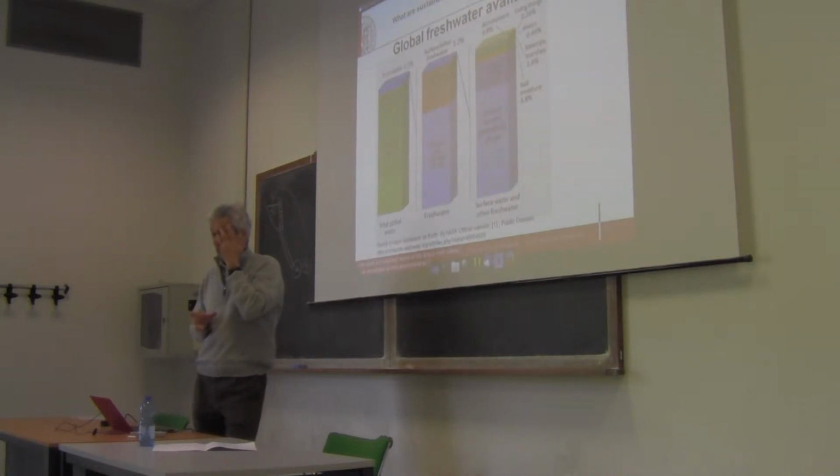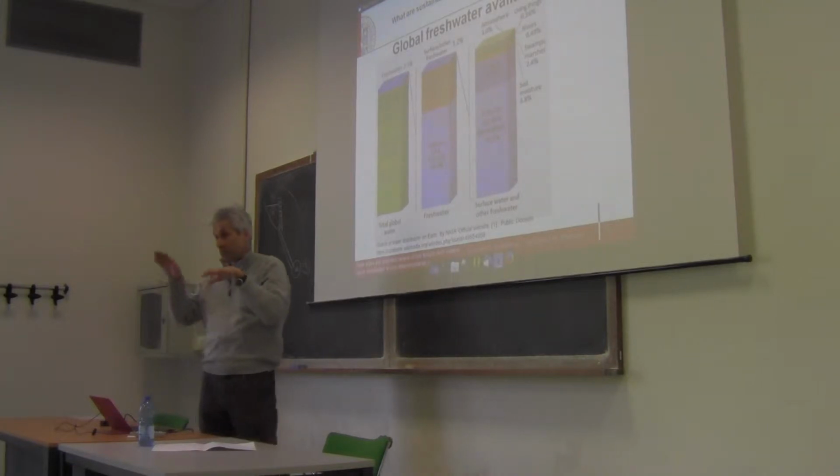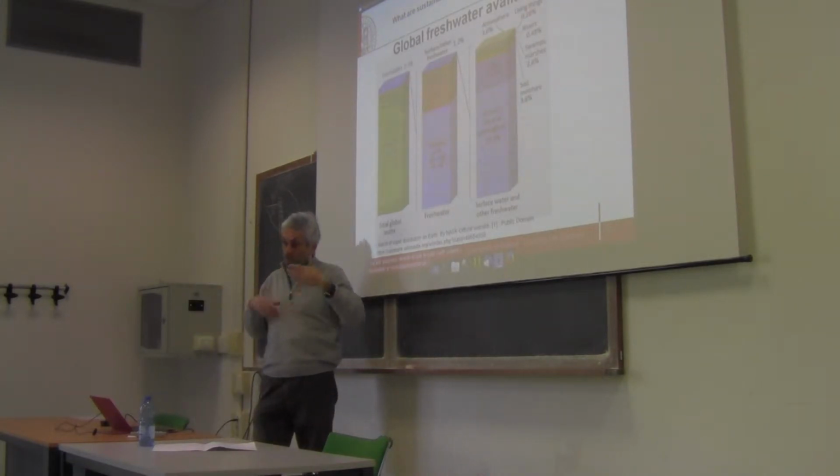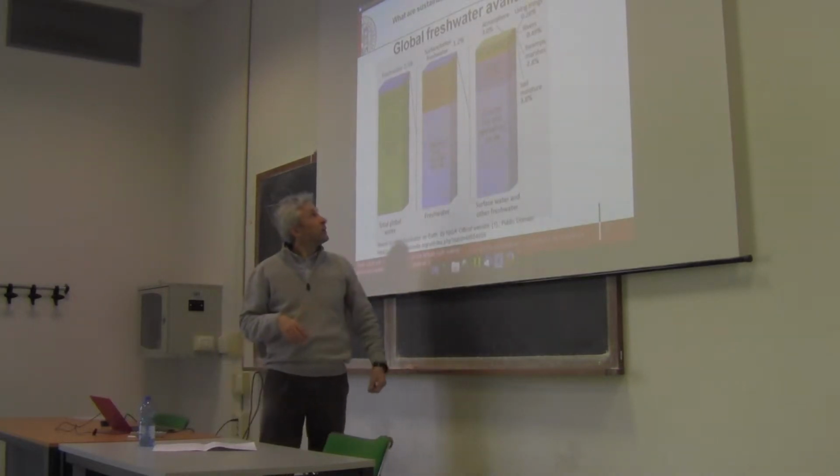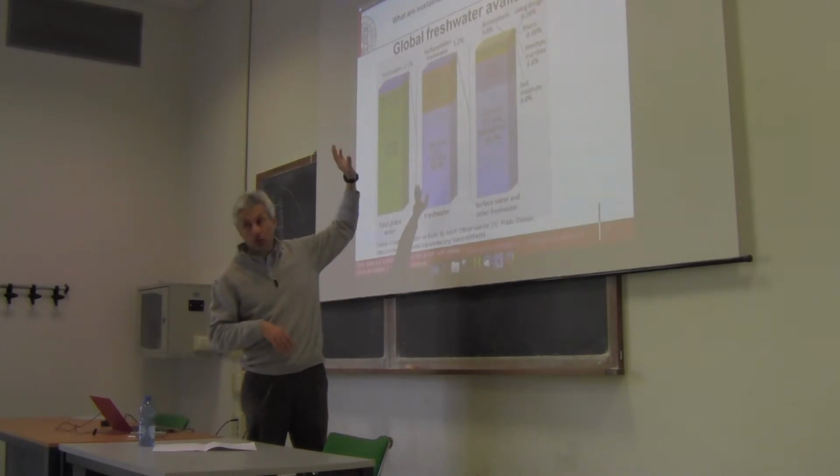It depends on the country and the context, but in some cases this proportion is half-half, because, as I said, surface water is renewing very quickly. So you don't have to underestimate the importance of surface water.